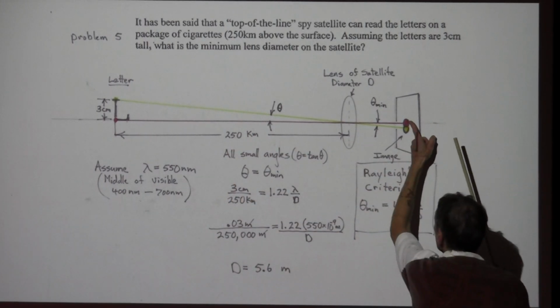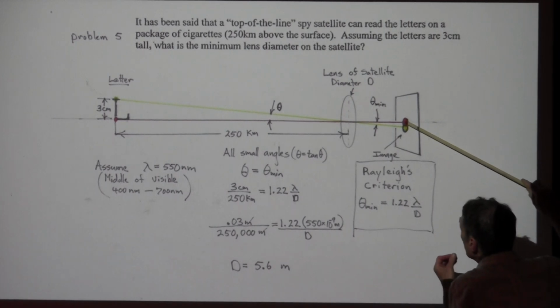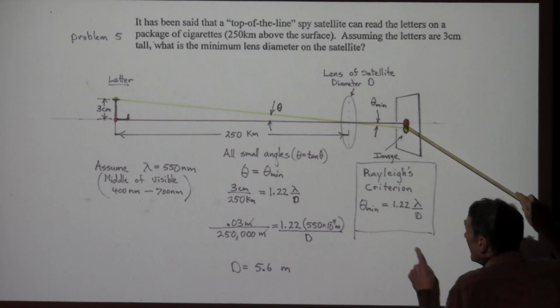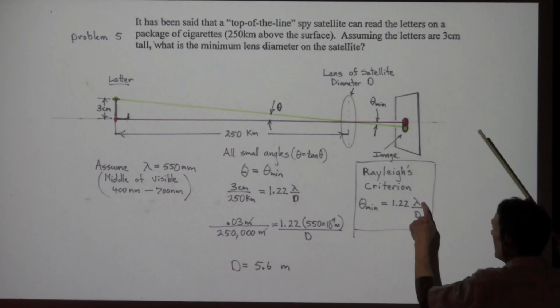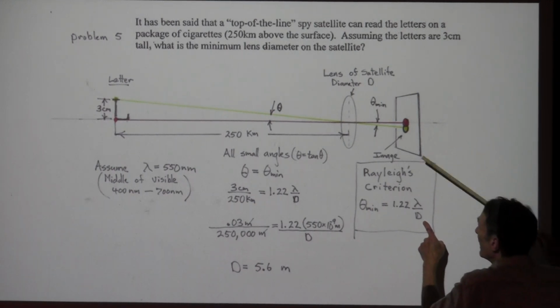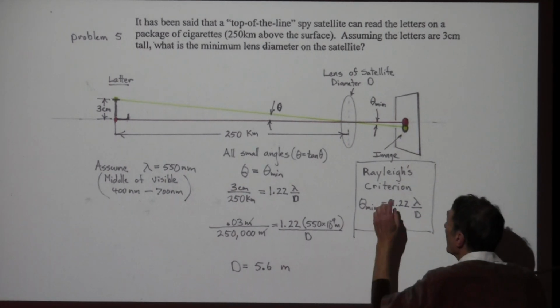I've got the two of these things, and we say we can resolve these as long as they follow Rayleigh's criterion, that the minimum angle between them is 1.2 times the wavelength over the diameter of the opening. Now, this actually is pretty simple if you think about it.